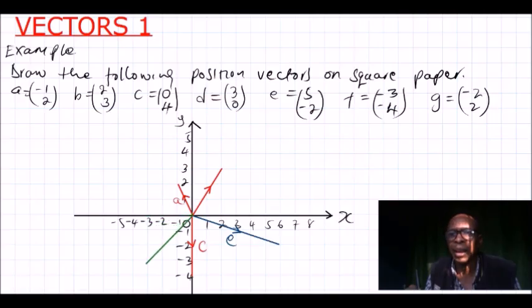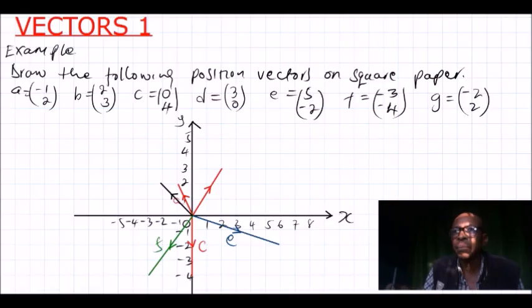So that is our vector F. And then finally, we have G, minus 2, 2. We take minus 2, 1, 2, and the other one is positive, 1, 2. So that is our vector G.